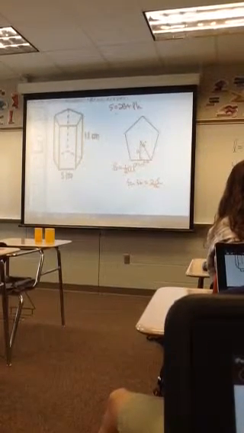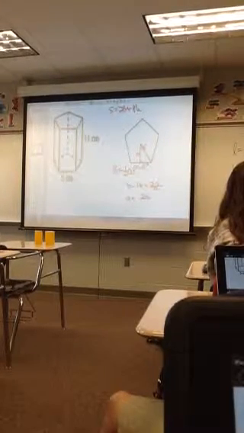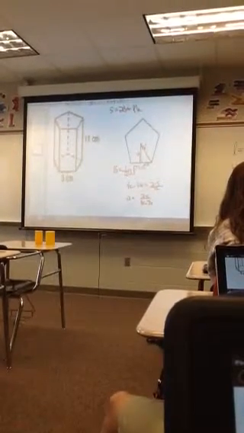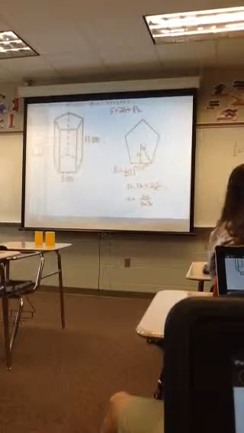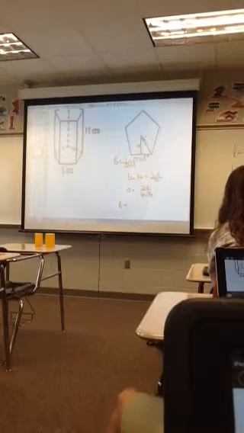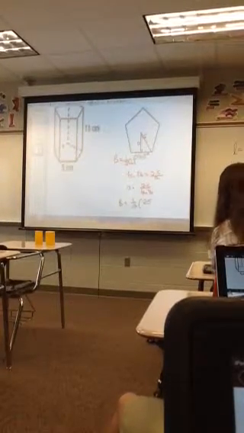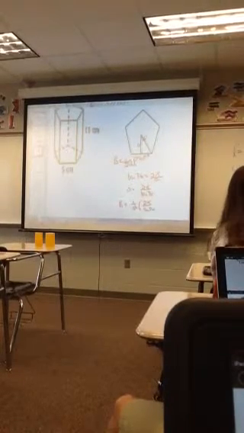So apothem equals 2.5 over tangent of 36. Okay, so we're going to leave it like that. So we get the area of the base equals 1/2 times 2.5 divided by tangent of 36 times perimeter.